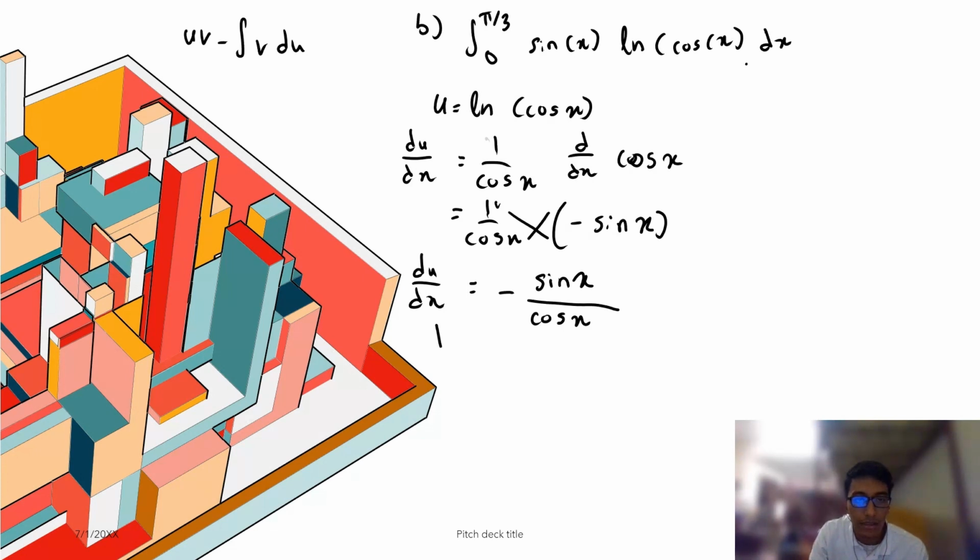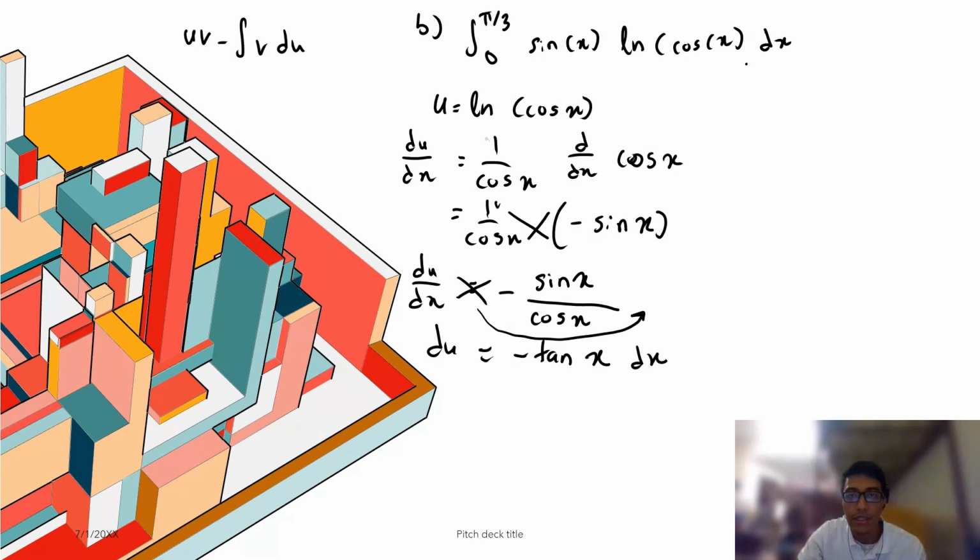Then we get negative tan x dx. Since we want the du, so dx will go behind them.